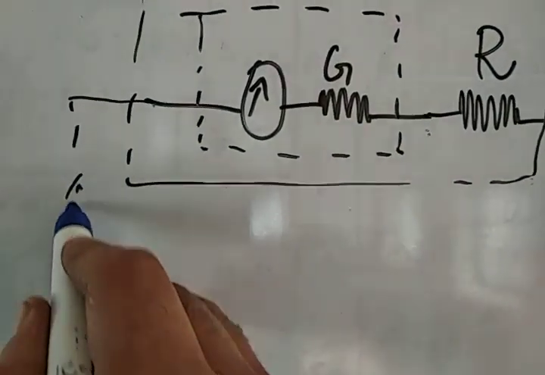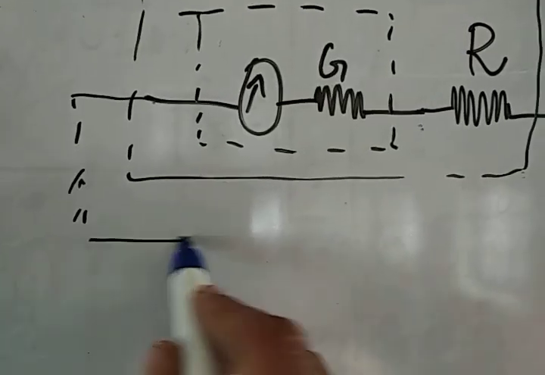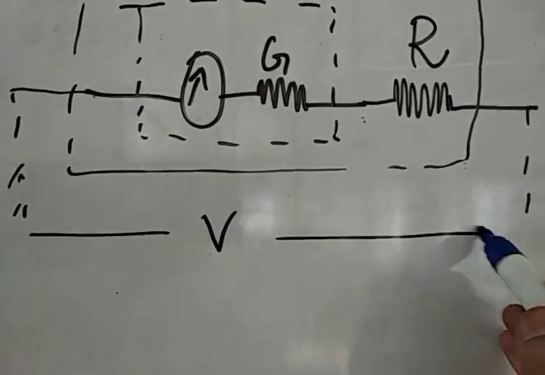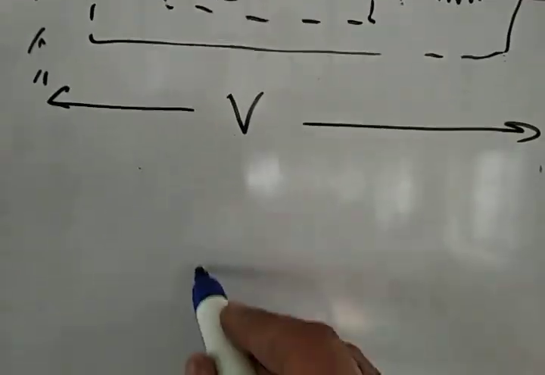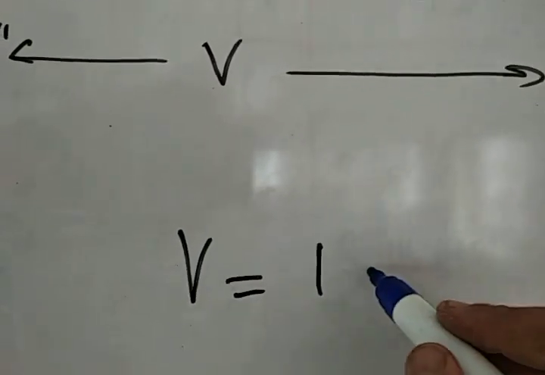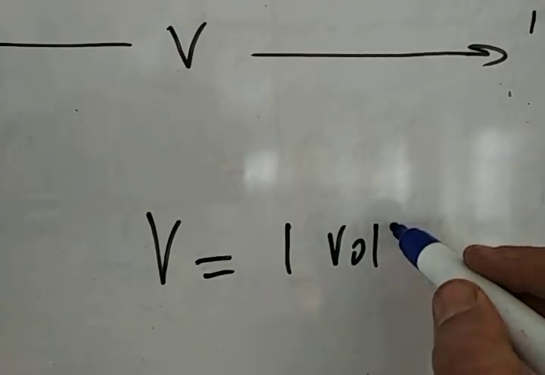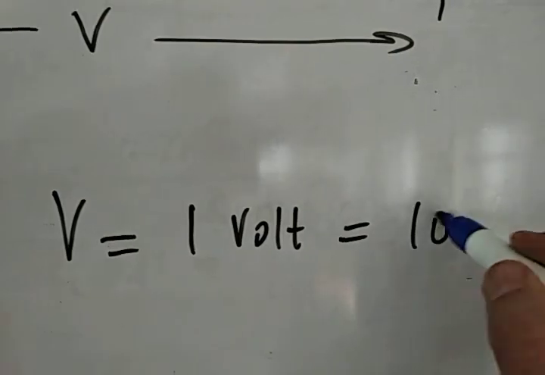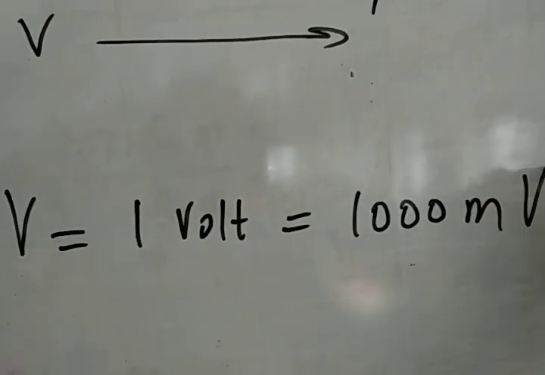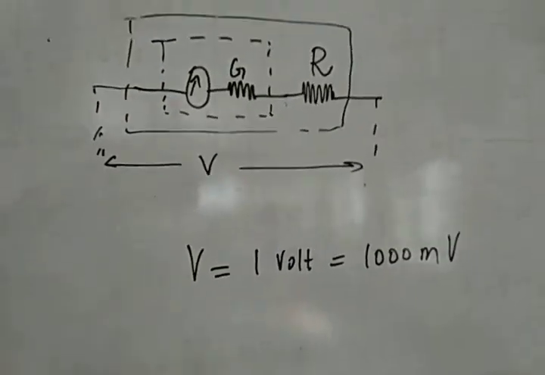Now this voltmeter should be able to measure the maximum voltage V, and that maximum voltage has to be 1 volt. We could also write 1 volt as 1000 millivolts, just for the sake of calculation.